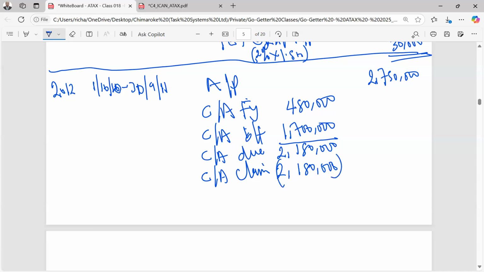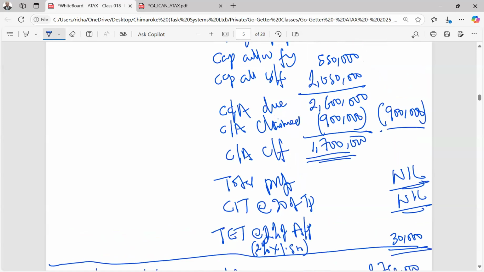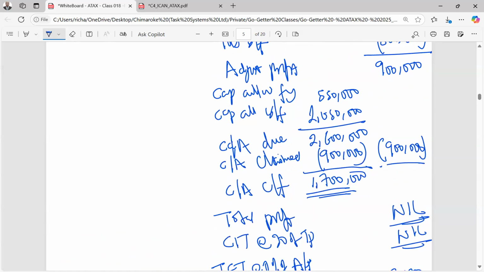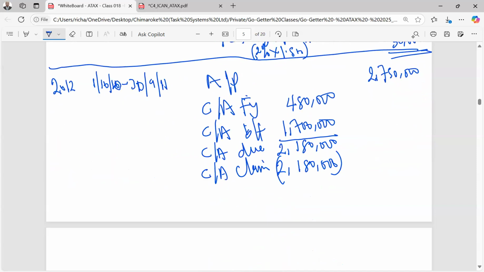Take it down here. Unlike the previous one, where the assessable adjusted profit is smaller than the capital allowance due, we took the smaller. So this is going to be 2,180,000. So there's no need carrying forward because this is done here.